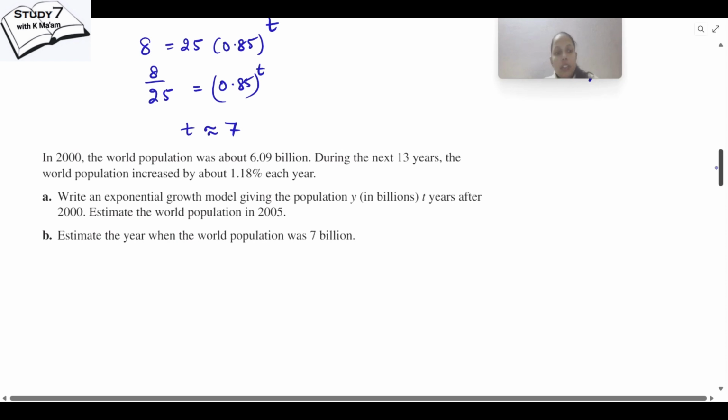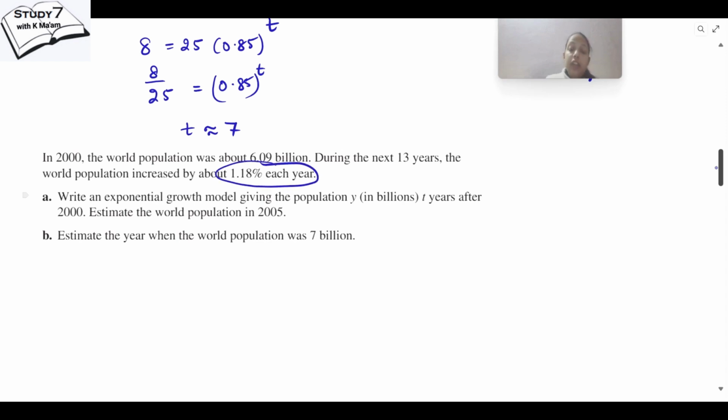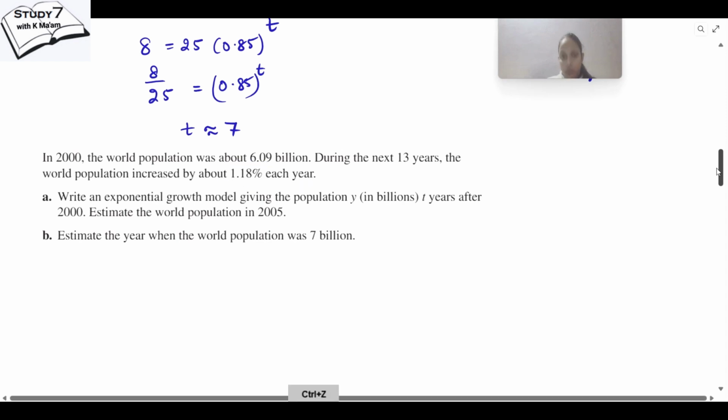In 2000, the world population was about 6.09 billion. During the next 13 years, the world population increased by this each year. So that's the rate of growth. R is given as 1.18%. Write the exponential growth model. The first part is the model.